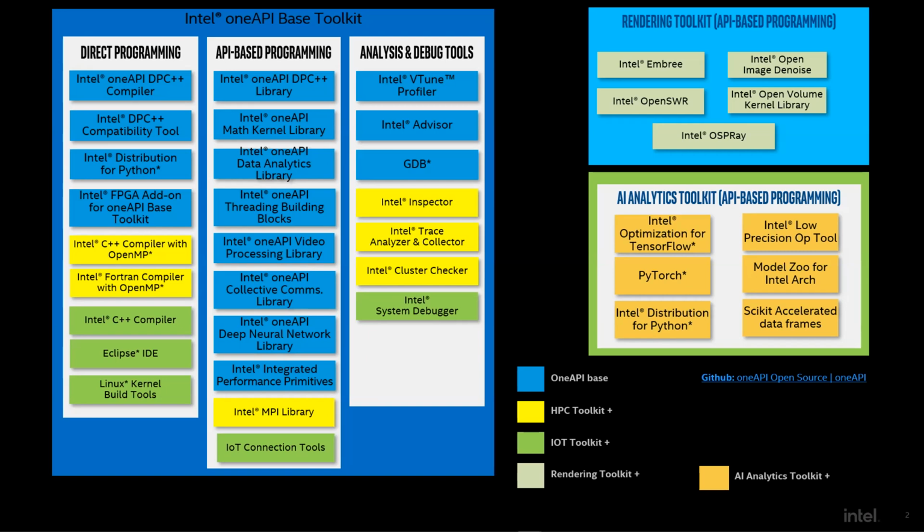And also, it's not just XPUs, but with every new generation of these XPUs, there'll be new instructions and new technology. That means that if you want to keep updating your apps or your workloads to be able to use this new technology, you have to constantly be updating your code.